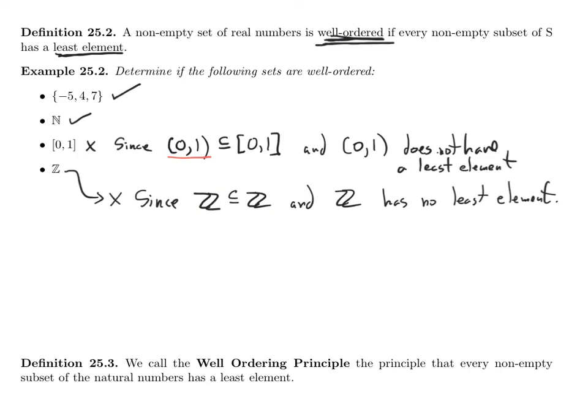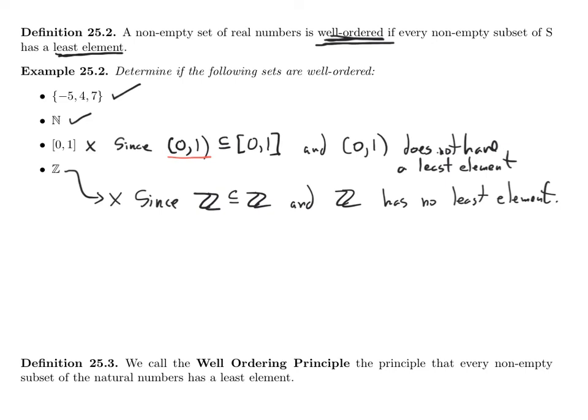In fact, pretty easy to see here, this is almost a proof of saying if a set does not have a least element, it is not well-ordered. And that's how well-ordered sets work.